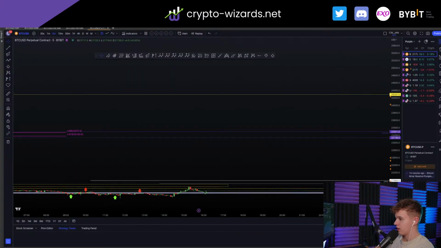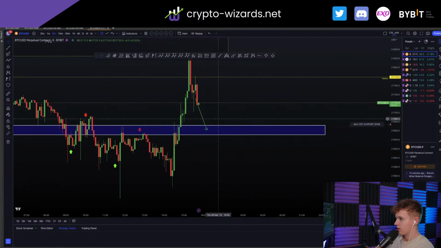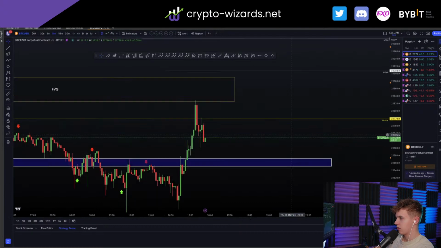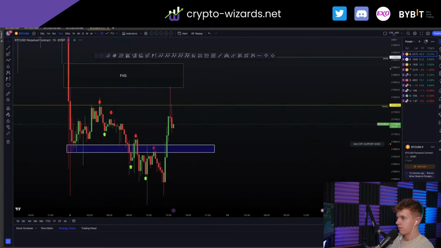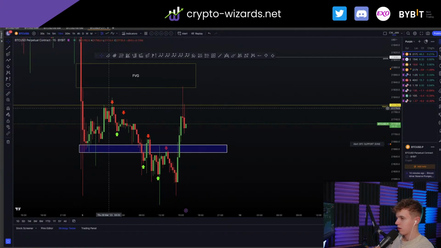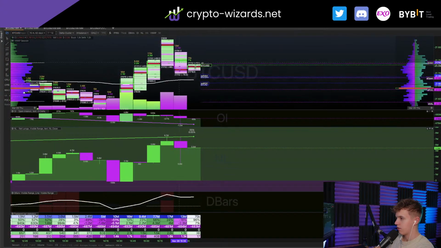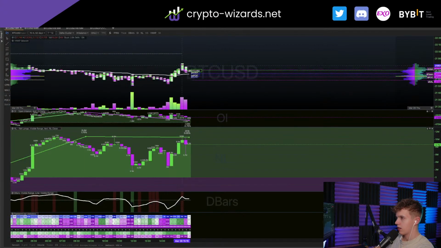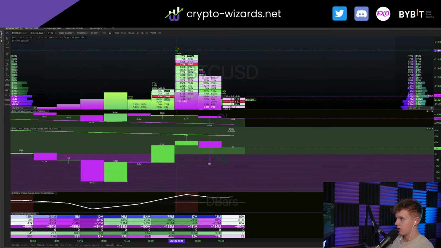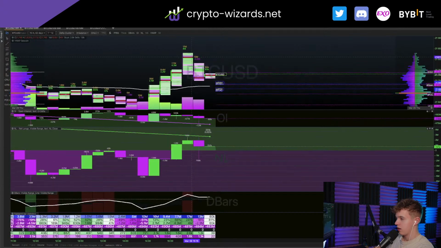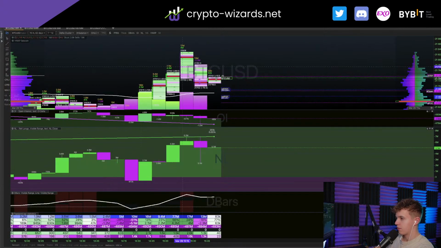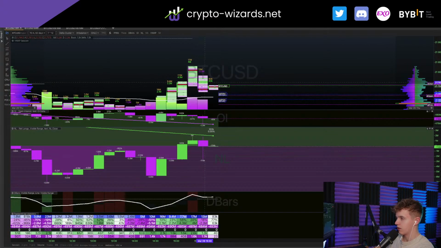What about BTC? Decent reaction now from this level, but yeah, the SFP, this is not a good SFP, to be honest. And the longs that got trapped up here, they are out already on this next candle.